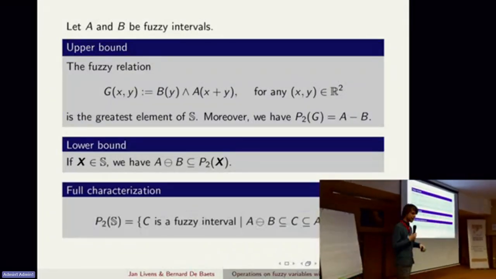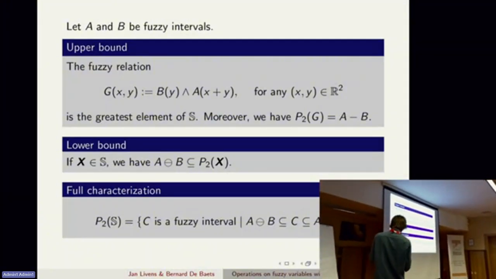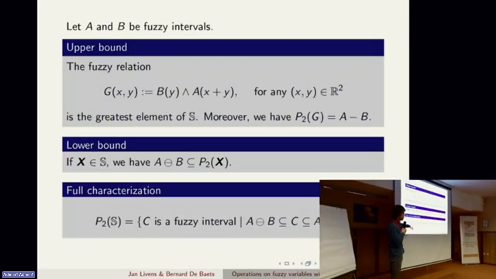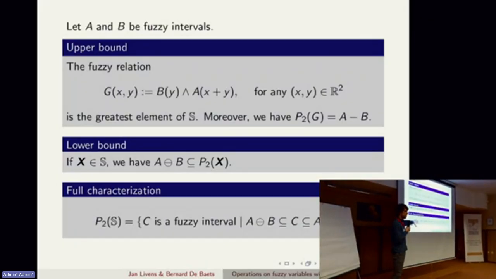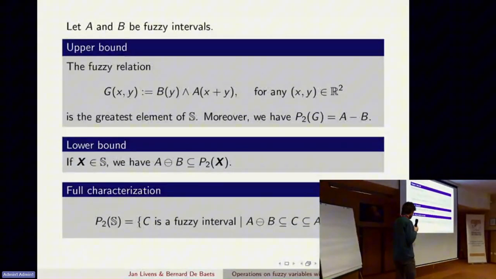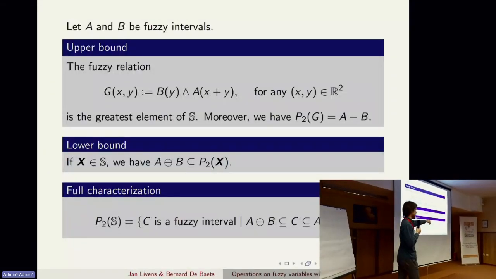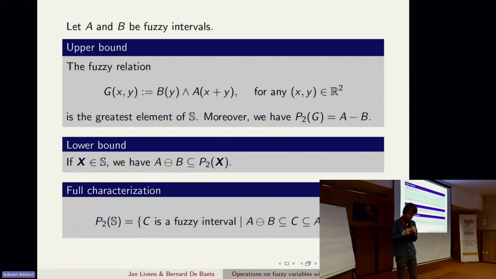I still have one nicer result, even a full characterization of the solution set. We can fully characterize at least the second projection of the solution set as all fuzzy intervals that lie between the generalized Hukuhara difference of A and B and the normal difference.